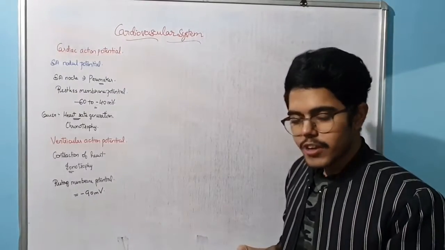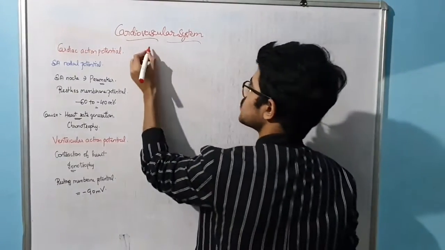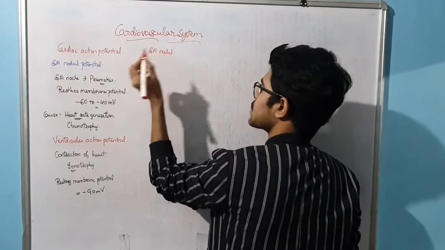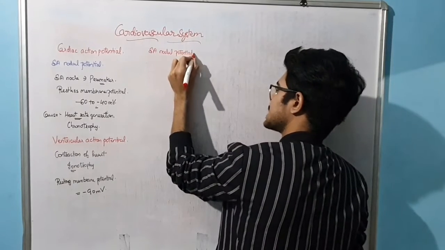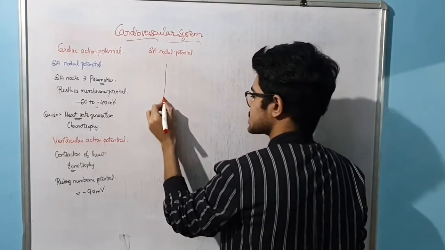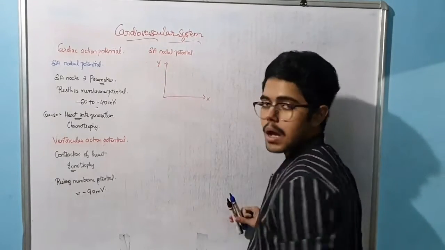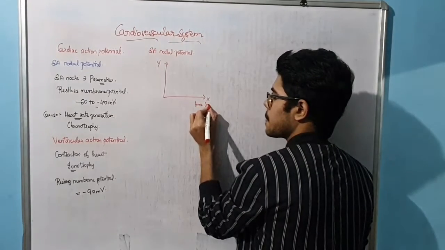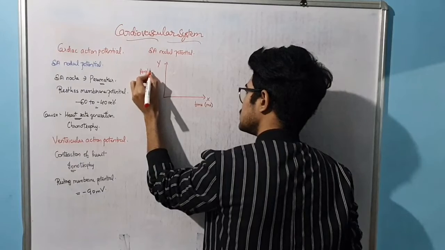Now we will focus on a particular thing, that is the SA nodal potential alone, the cardiac potential. To understand, we draw a line diagram with X as well as Y axes, X representing the time and Y representing the amplitude.